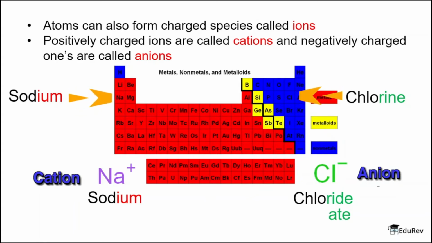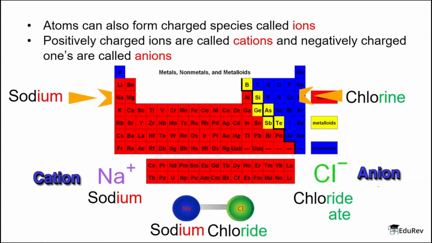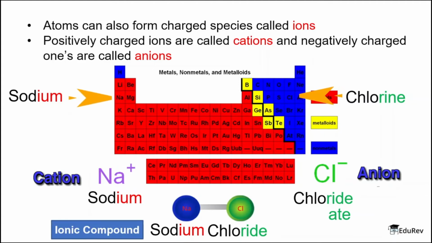When these two oppositely charged species combine together, we get a molecule, and this kind of molecule, since it is made up of two different kinds of charges together, is called an ionic compound because it is made up of positive and negative charges.